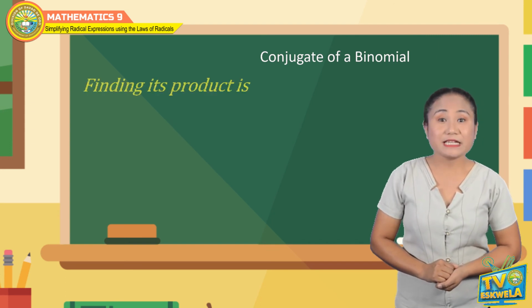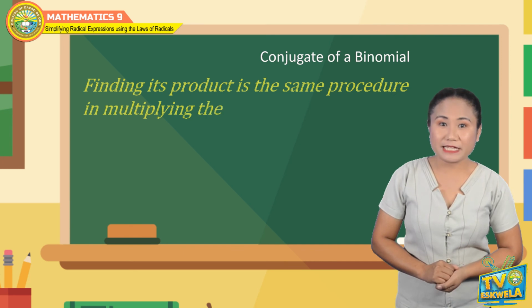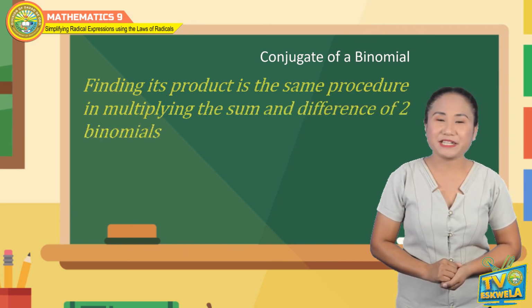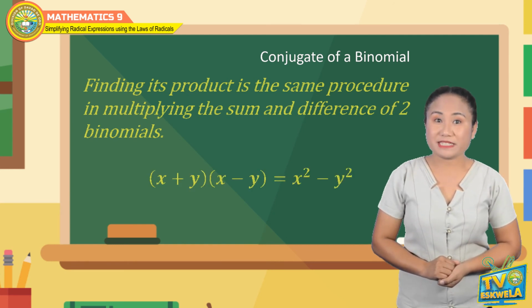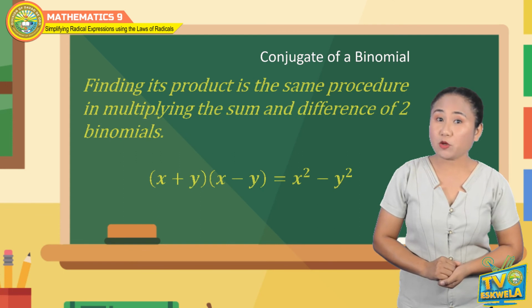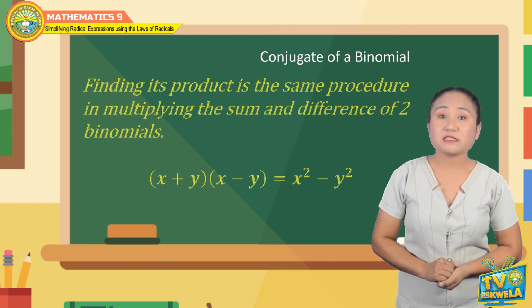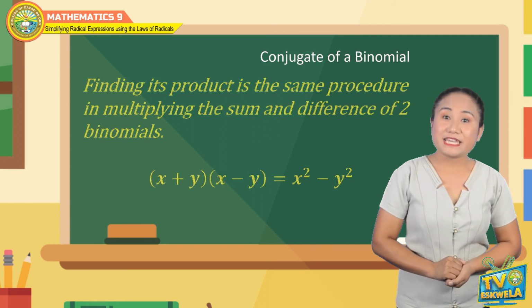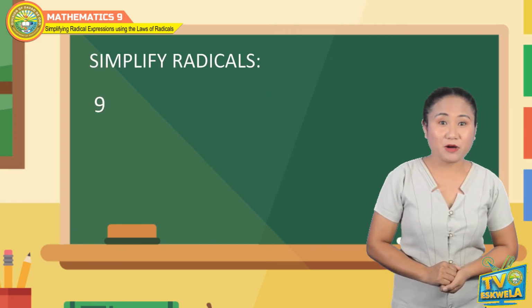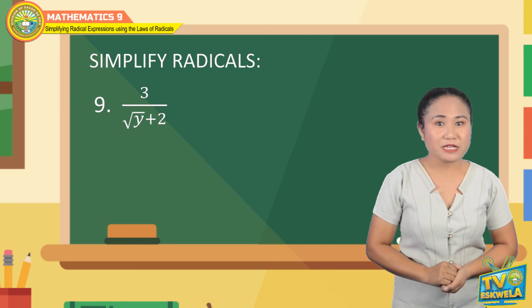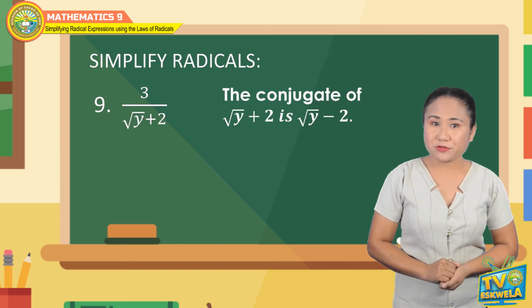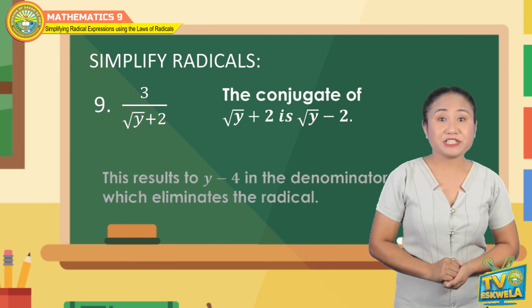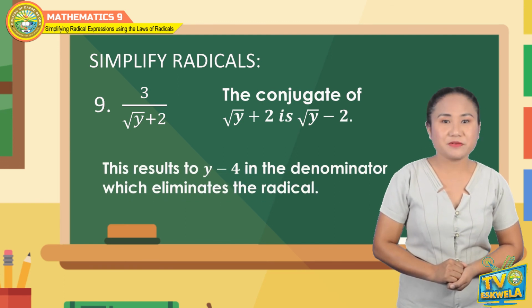Finding its product is the same procedure as multiplying the sum and difference of two binomials. Like (x plus y)(x minus y) equals x squared minus y squared. In this example, the conjugate of square root of y plus 2 is square root of y minus 2. This results in y minus 4 in the denominator, which eliminates the radical.